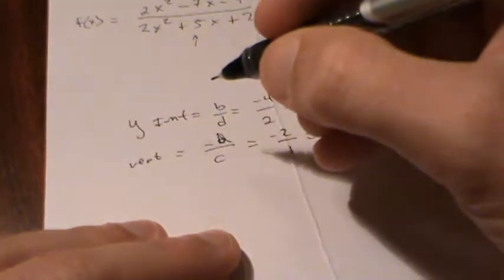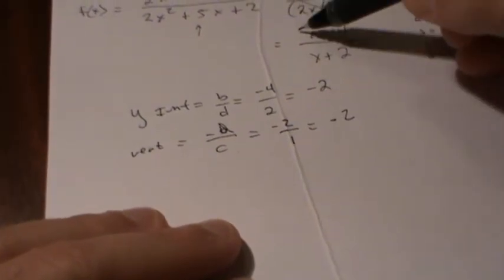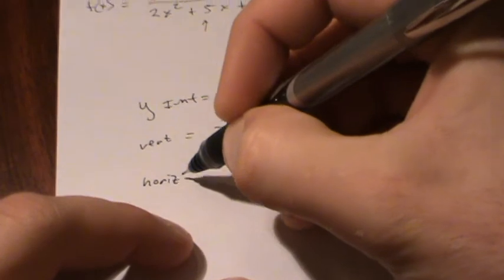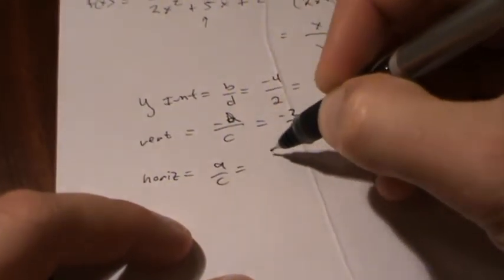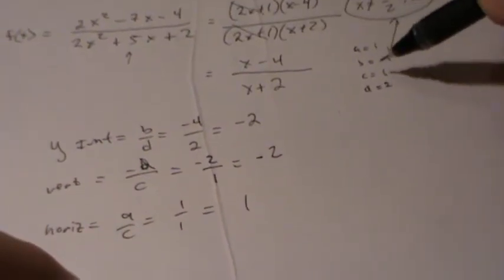The horizontal asymptote is a over c, okay? Remember, these are our numbers here.